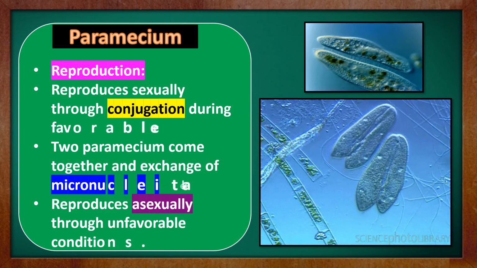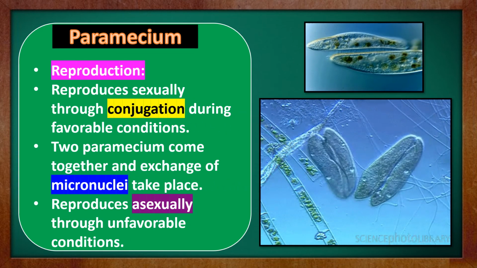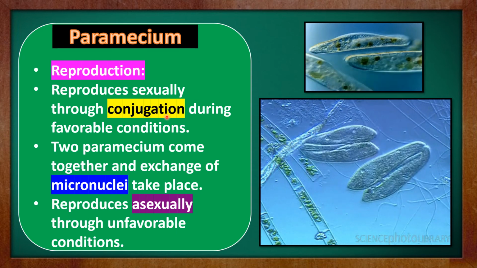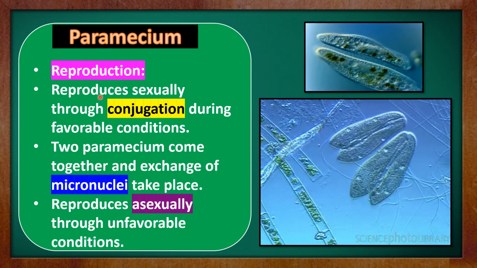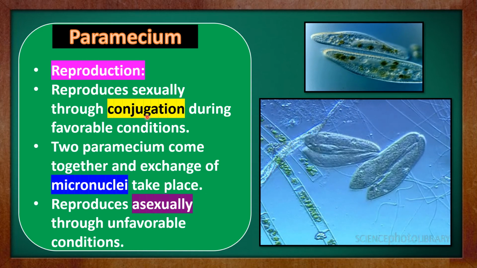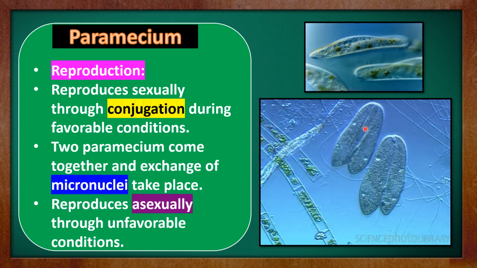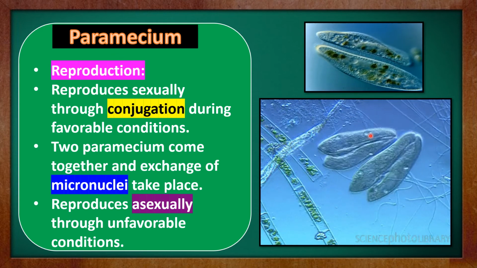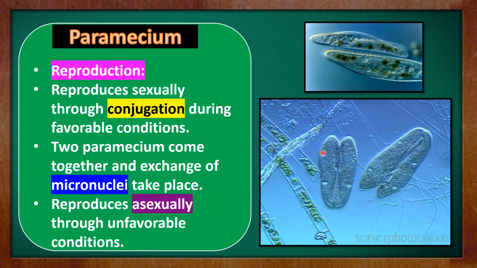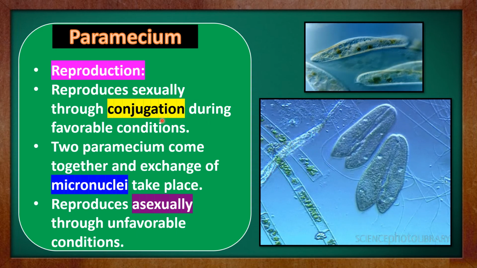How does Paramecium reproduce? There are two types of reproduction for Paramecium. It can reproduce sexually and asexually. It reproduces sexually through conjugation during favorable conditions. Like this one, two Paramecium mate to transfer genetic materials. That is what we call conjugation.